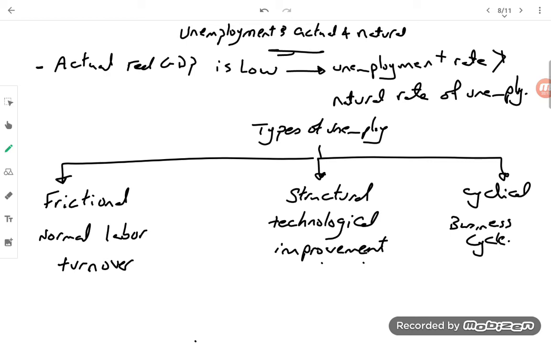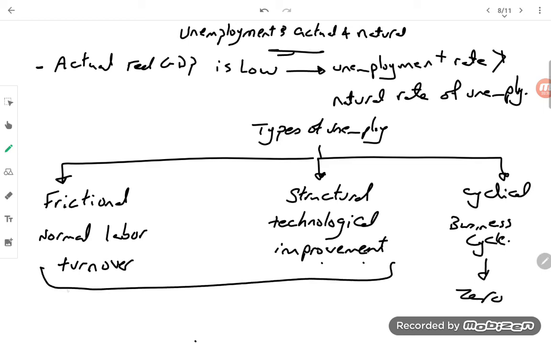Natural rate of unemployment means that cyclical unemployment is zero. So the only unemployment that exists during the natural rate of unemployment is frictional and structural. This is the natural rate of unemployment.